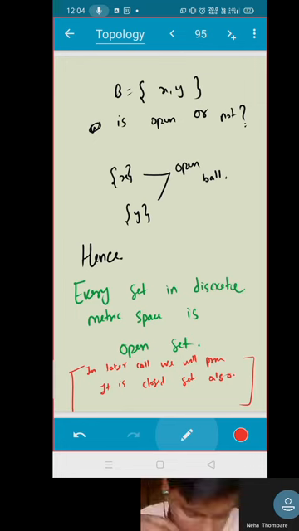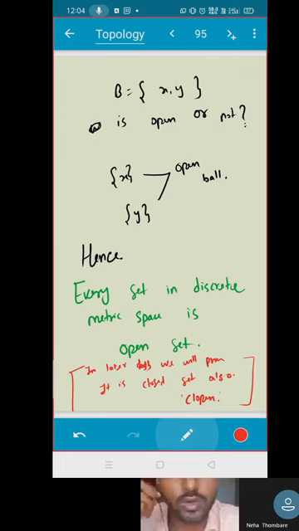So in a later class, we will prove that it is closed also. The name given is clopen set. Is that clear? Do you understand?